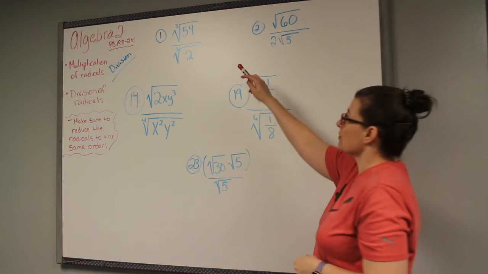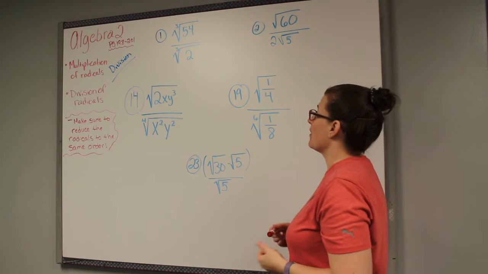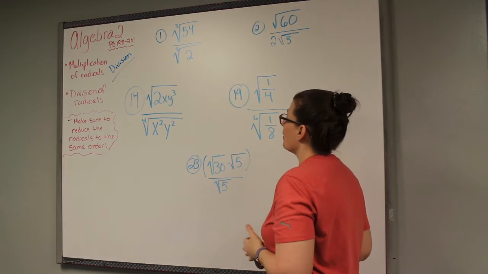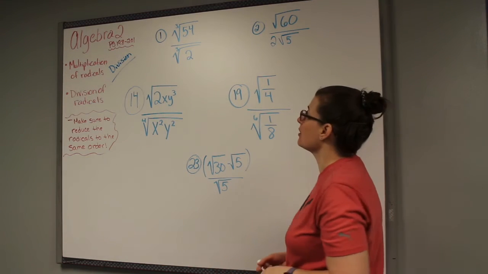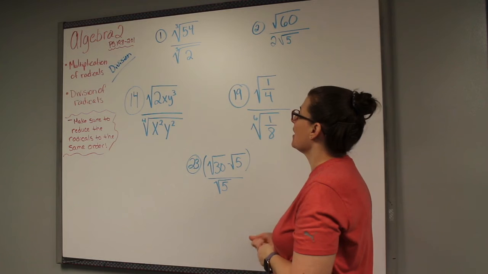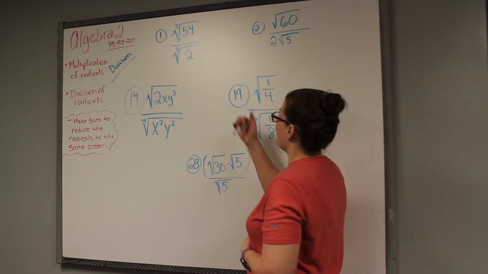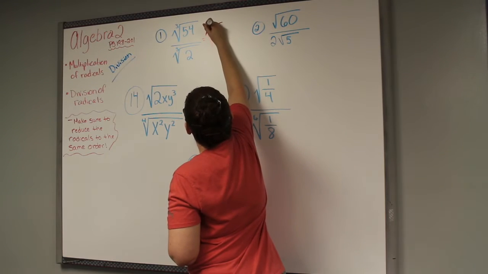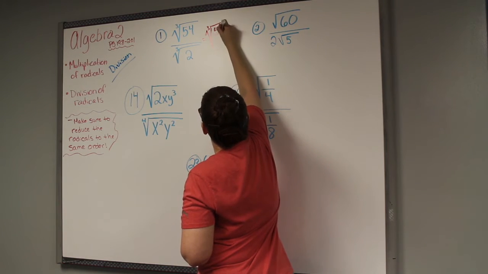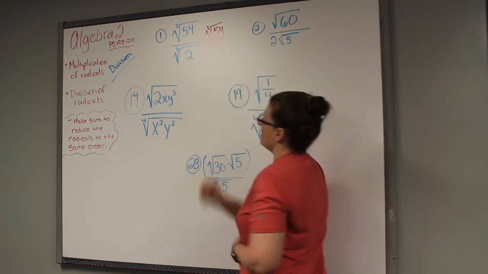On this very first problem, we have the cube root of 54 divided by the cube root of 2. The good thing, they're already in the cube root. This is an easy problem. And you just do 54 divided by 2, because this is also written like this.